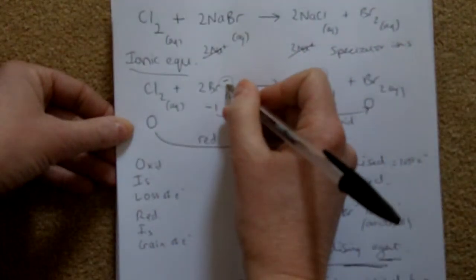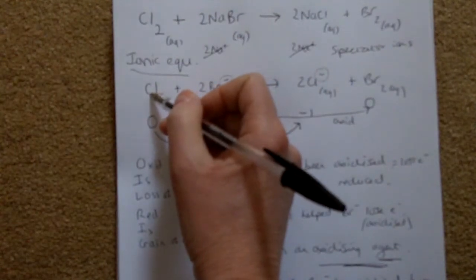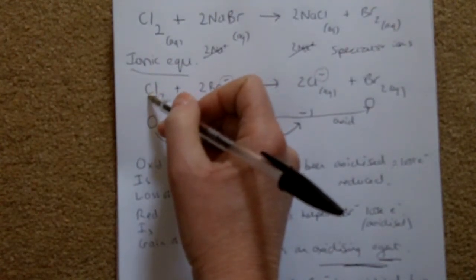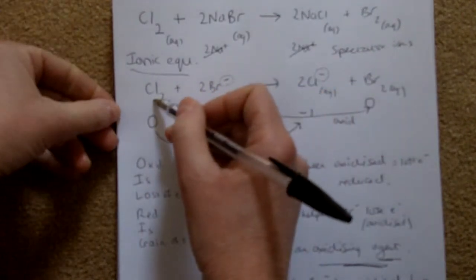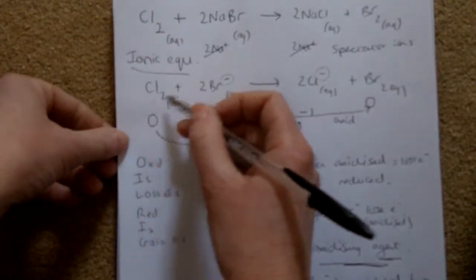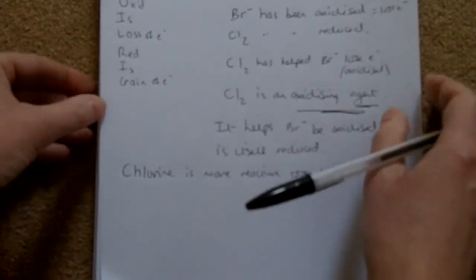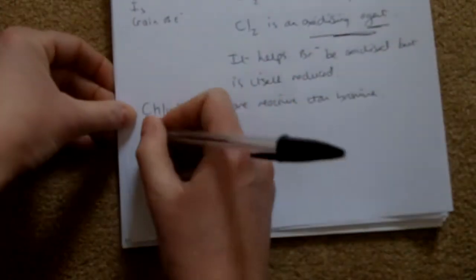Bromide has the electron, but chlorine wants that electron. Chlorine has a greater affinity for that electron. It attracts that electron more strongly because it's smaller, has less shielding, has fewer shells. So chlorine is more reactive than bromine, so it removes the electron. These are called displacement reactions.